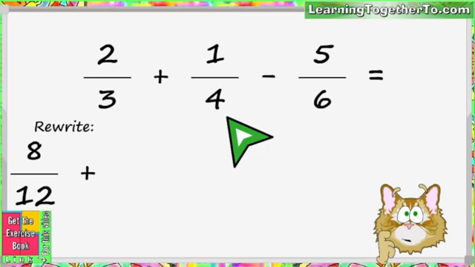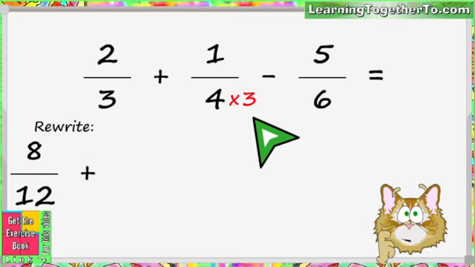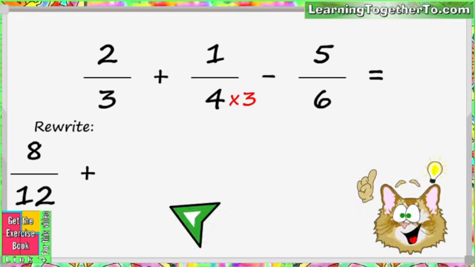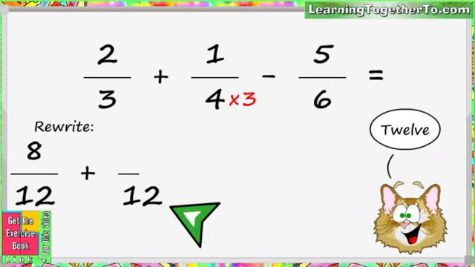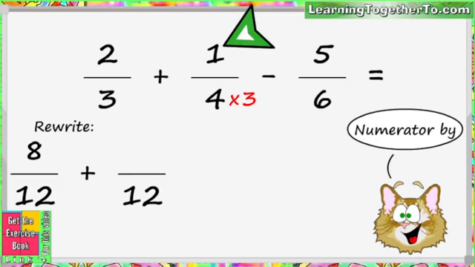Now we need to change the 4 in the second fraction to 12. What do we need to multiply 4 by to get 12? 3. Nice job, Frank. 4 times 3 is equal to 12. Very good, Frank. Remember, Frank, whatever we multiply the denominator by, we must also multiply the numerator by.